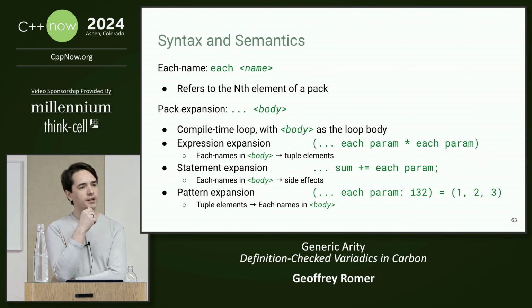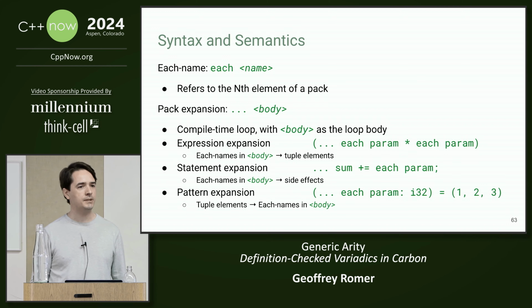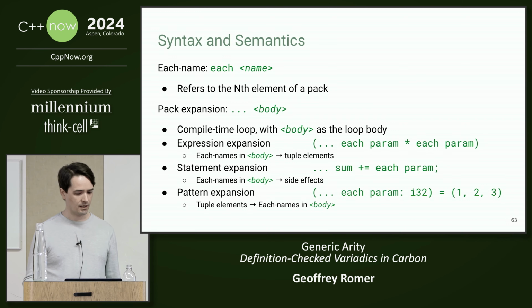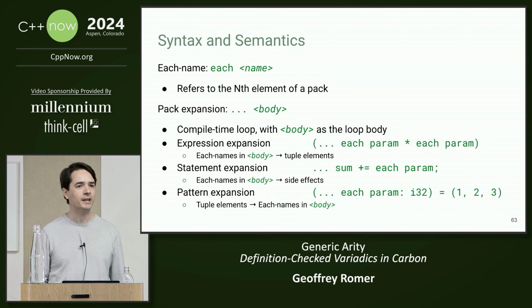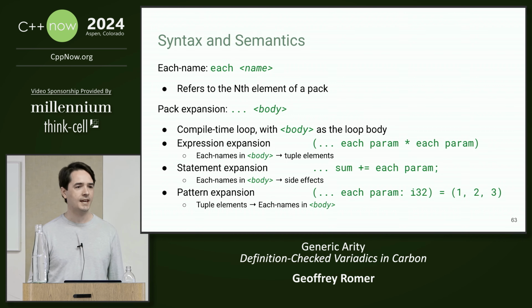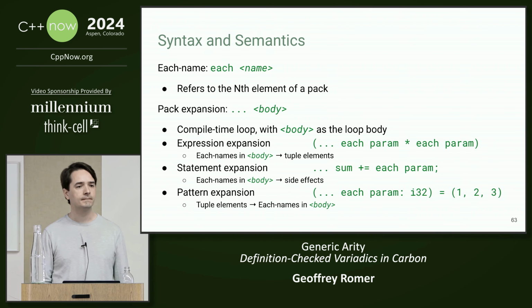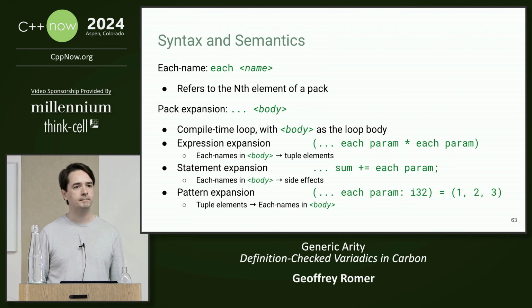Yeah, there is sort of a missing piece here: we don't have pack expansion declarations yet. Which we would need for something like member packs. That is something we'd like to add, though. Any other questions about the syntax and semantics before we move on to type checking?